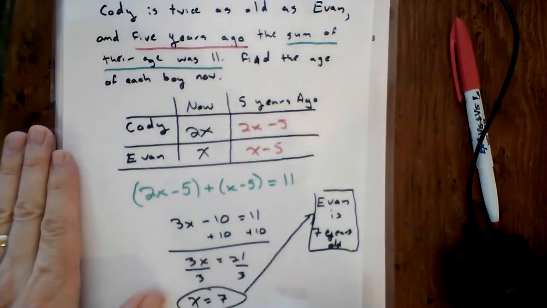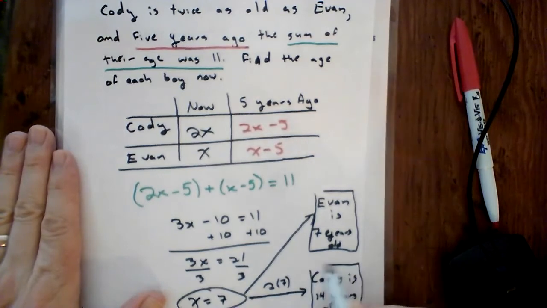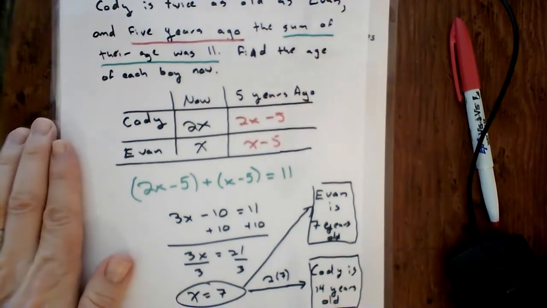And Cody is twice as old. So this is, of course, 2x. So I can say that Cody is 14 years old. And we found the age of both of our boys here.